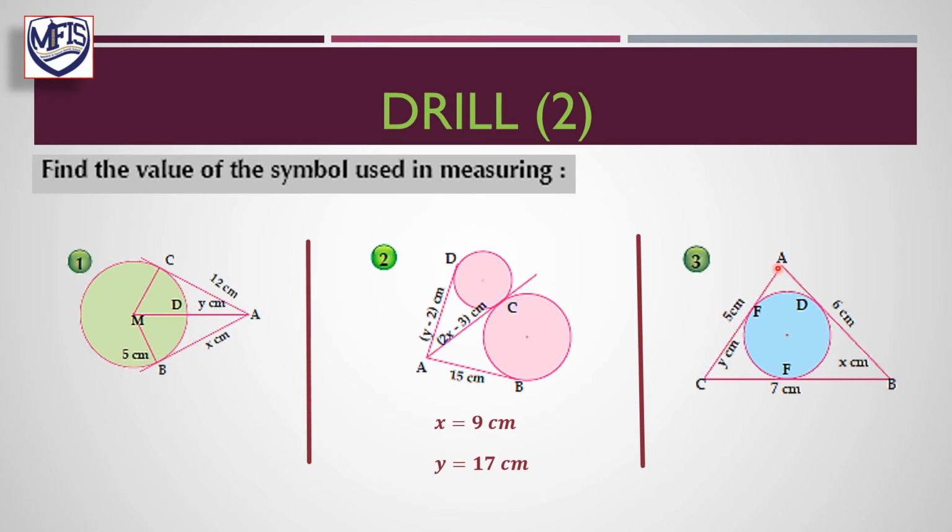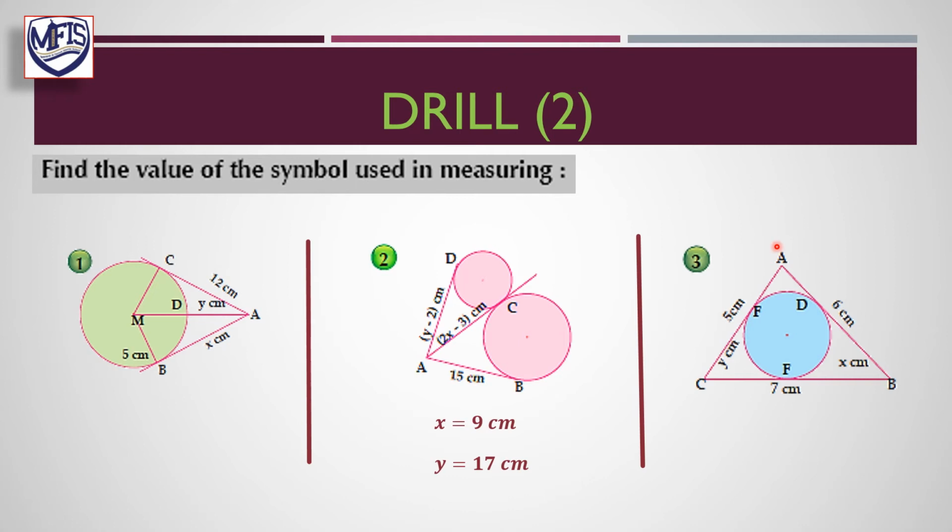Let's denote by z the length of tangent AD. Then AD equals z and also AF equals z. So the perimeter here consists of 2x plus 2y plus 2z.